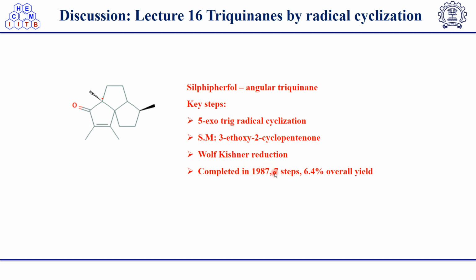One of the named reactions involved here was the Wolff-Kishner reduction. This total synthesis was completed by Curran in 1987 in 7 steps with a 6.4 percent overall yield. The key step was the 5-exo-trig radical cyclization.